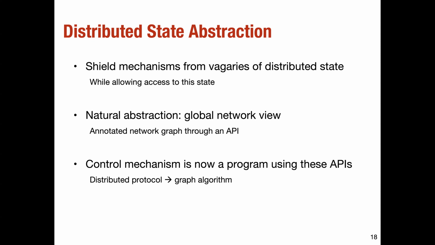And the control mechanism is now a program that uses these graph APIs to decide what type of decisions it should make, right? So now we are replacing this distributed protocol, which is all about how these nodes should coordinate with each other, with a graph algorithm that has a consistent view of the network, and it applies a control program on that graph, right?